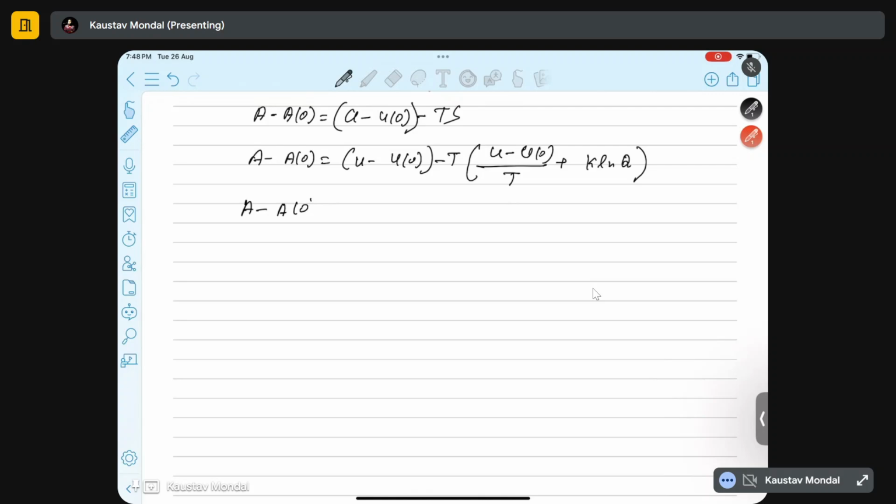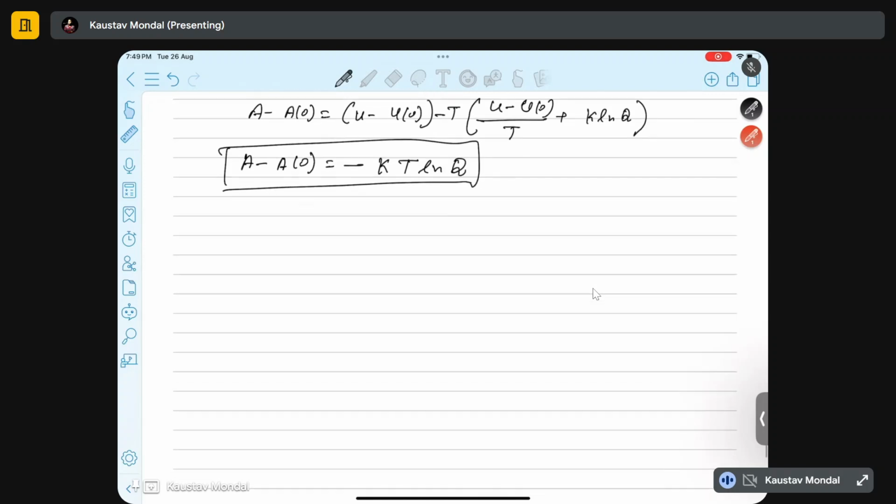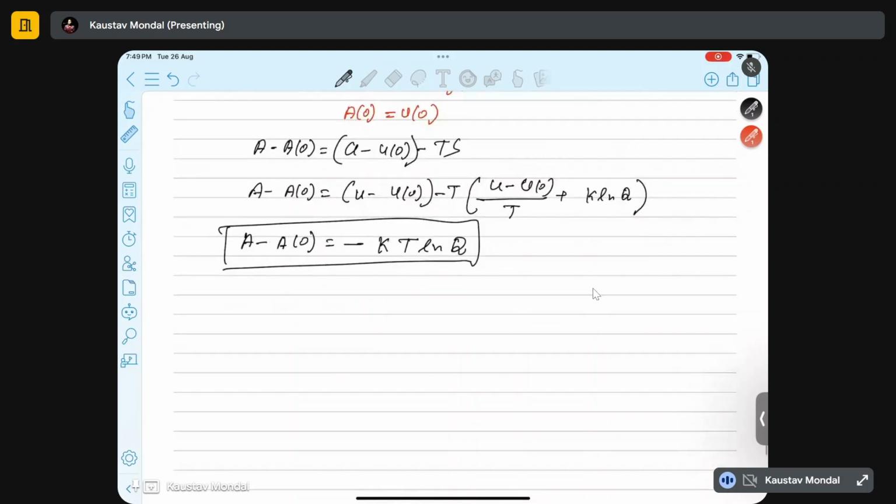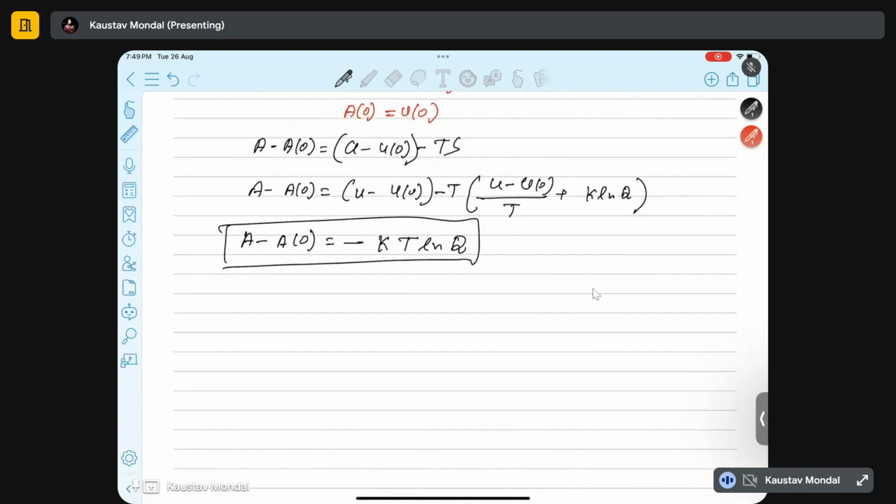Now we can further simplify it. U minus U0 will cancel, so we're simply left with minus kT ln Q. This is basically the expression of A minus A0, the change in Helmholtz energy from T equal to 0 to T equal to T: A minus A0 equals minus kT ln Q.